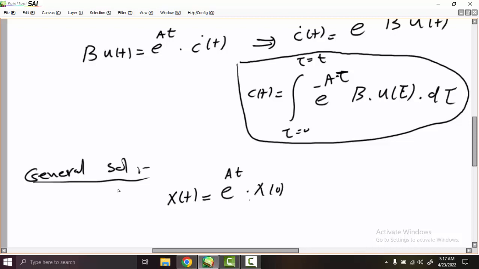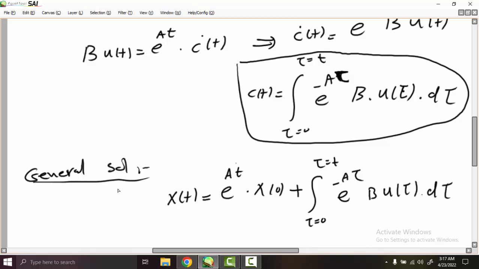This comes from the previous lecture, which is the unforced response, called the initial condition response, and also the transient response. We find all these characteristics from this part, plus this term, which comes from the forcing function, the integral from tau equal to 0 to tau equal to t of e to the minus a tau, b, this is tau, not minus tau, just tau, u tau, d tau.